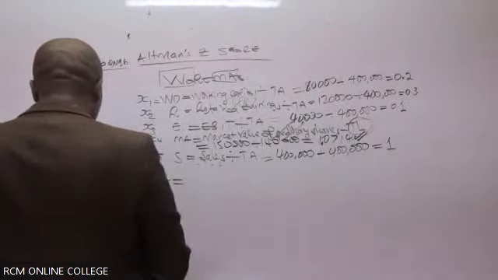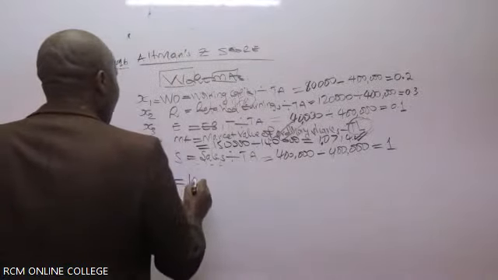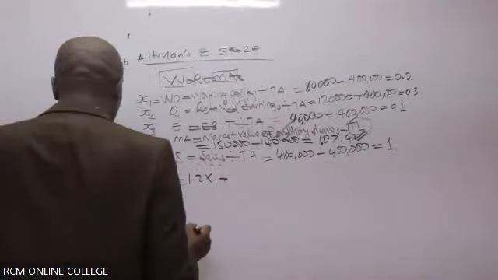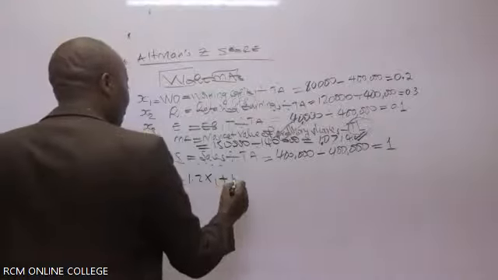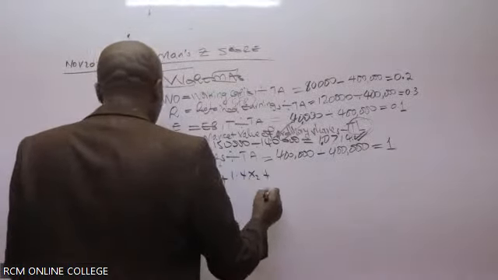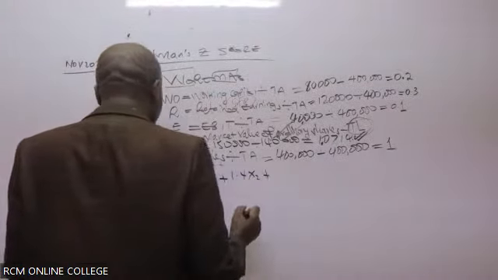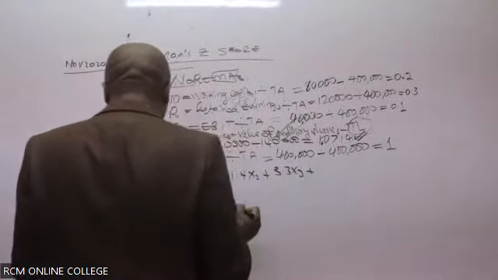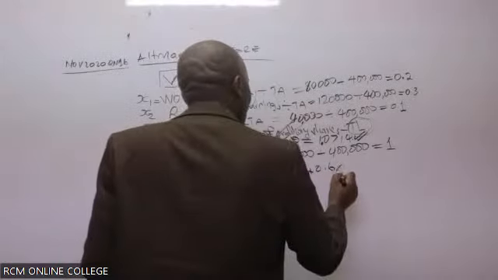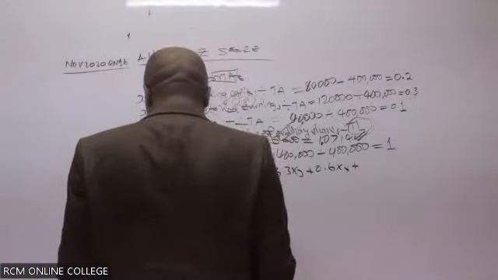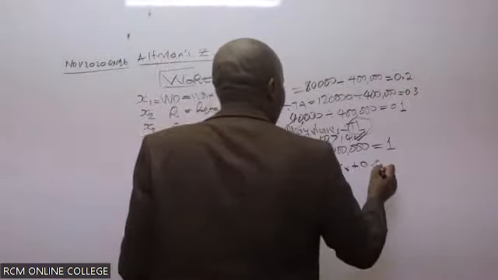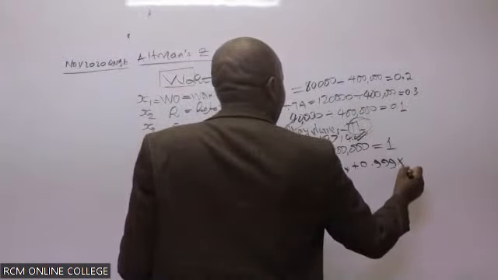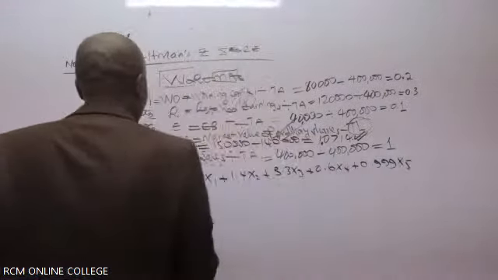They have given us Z equals 1.2x1 plus 1.4x2 plus 3.3x3 plus 0.6x4 plus lastly 0.999x5. So we shall come and plug in the figures.